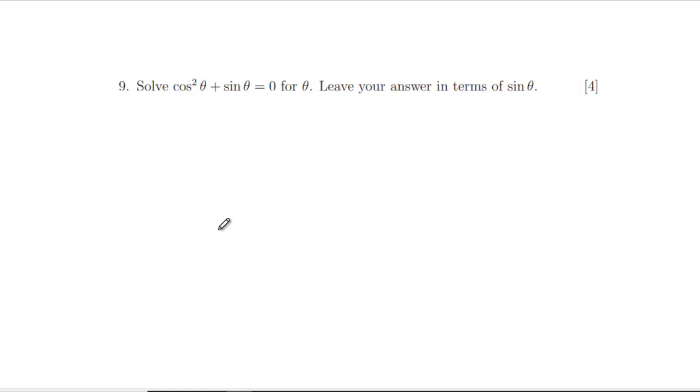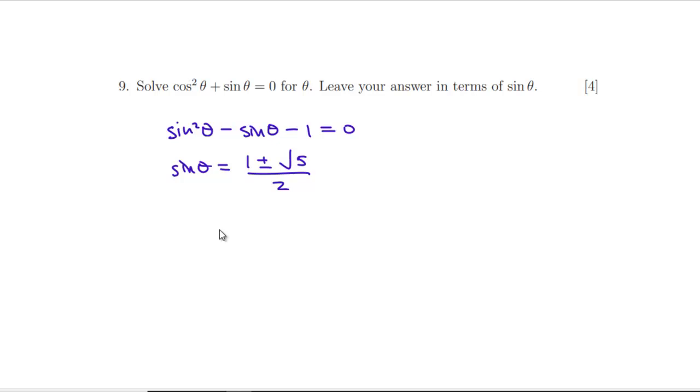Question 9. Solve that. Leave it in terms of sine theta. So we've got cos squared is 1 minus sine squared. So we'd have sine squared theta minus sine theta minus 1 is equal to 0. So sine theta, I'm just going to go for the formula, is 1 plus or minus the square root of 5, over 2.